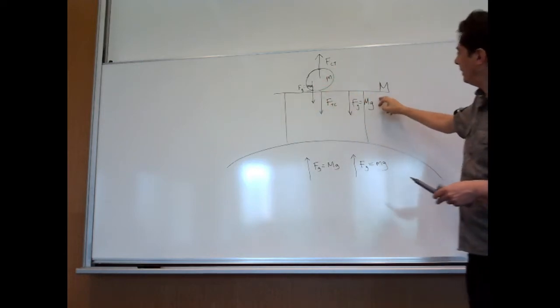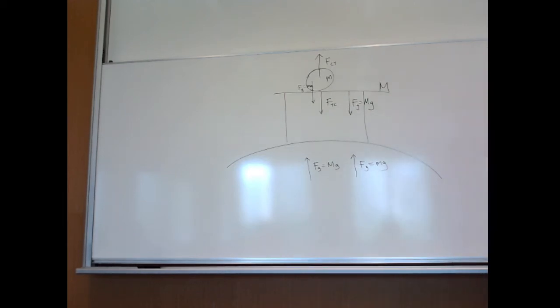What about the table? We've got two forces on the table there, both pointing down. Probably we need some force on the table, otherwise the table is going to fall into the center of the Earth.